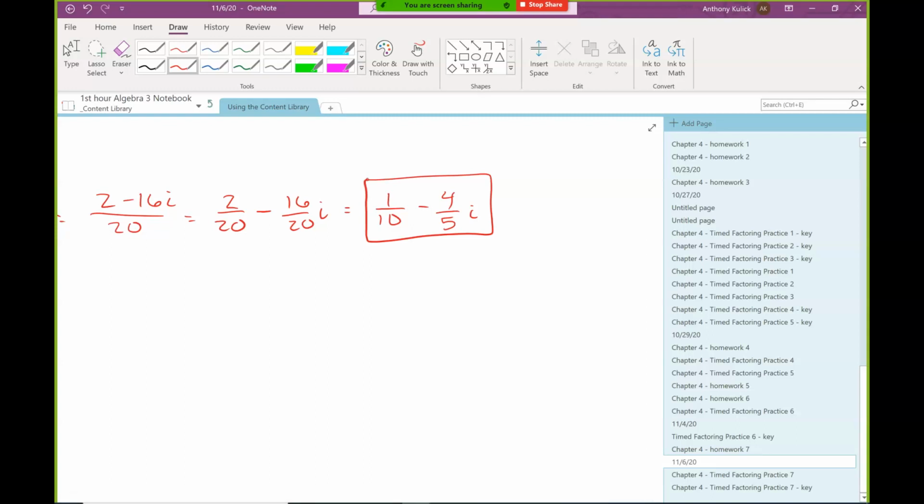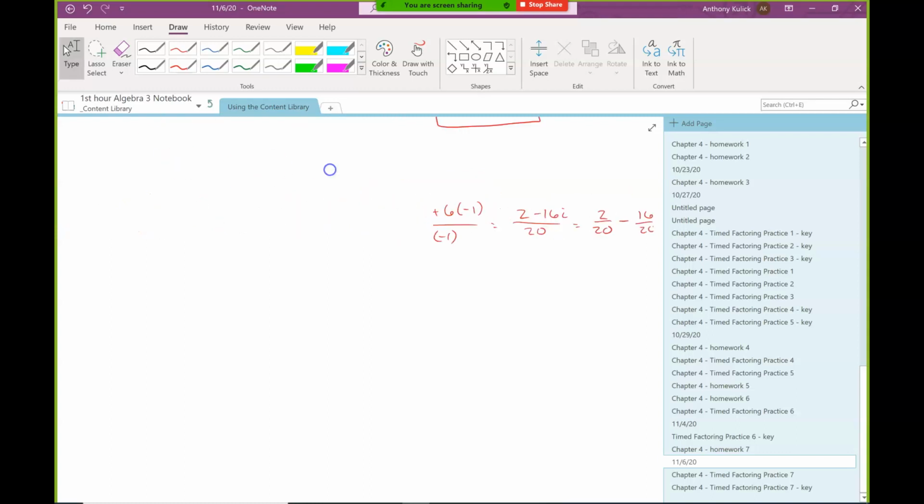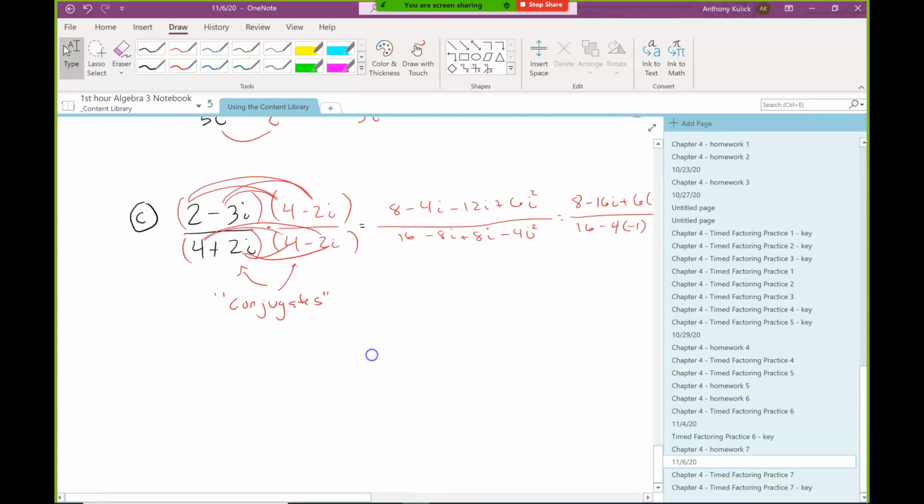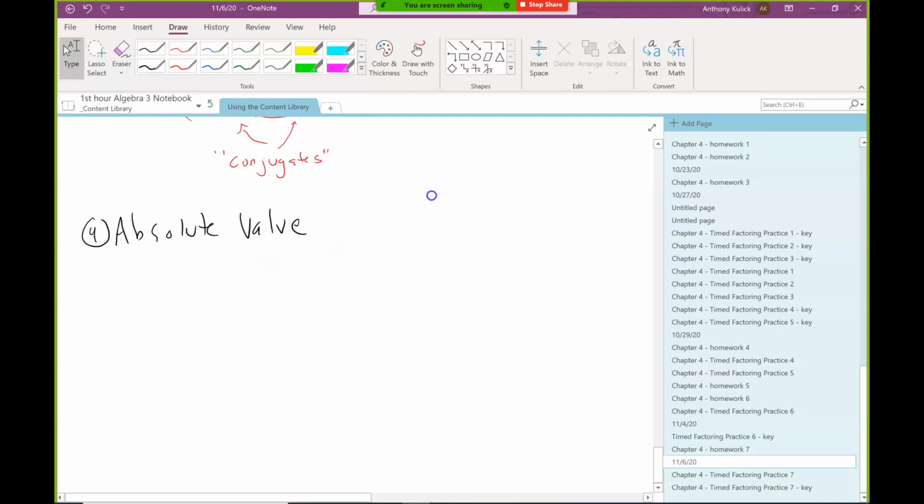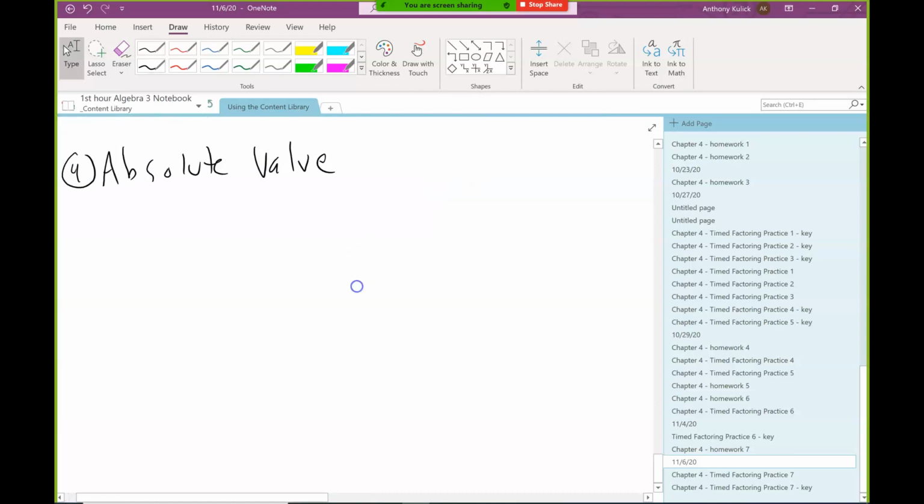Okay. The last operation that we want to worry about is absolute value. So to explain what we're about to do, we have to think about how we would arrange complex numbers on the number line.